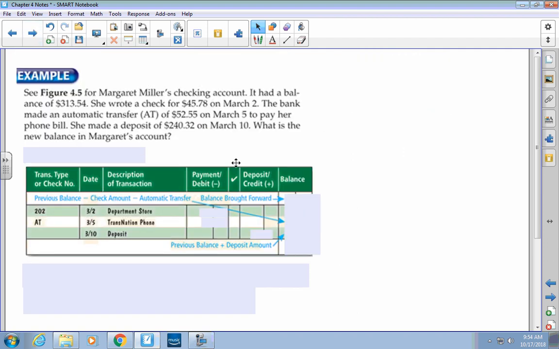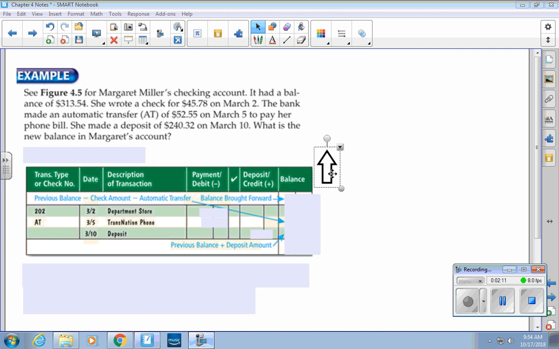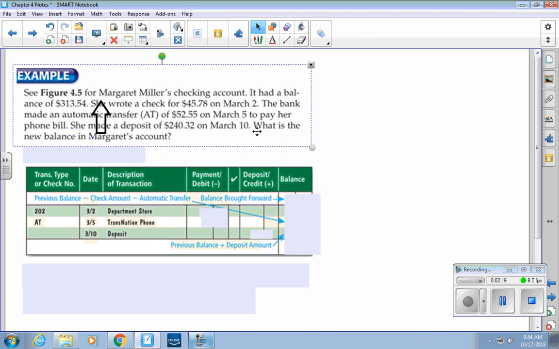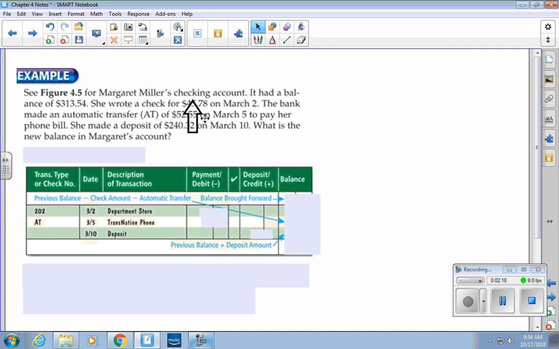Okay. So let's take a look at this example problem. Okay, so Margaret Miller has a checking account. It had a balance of $313.54.